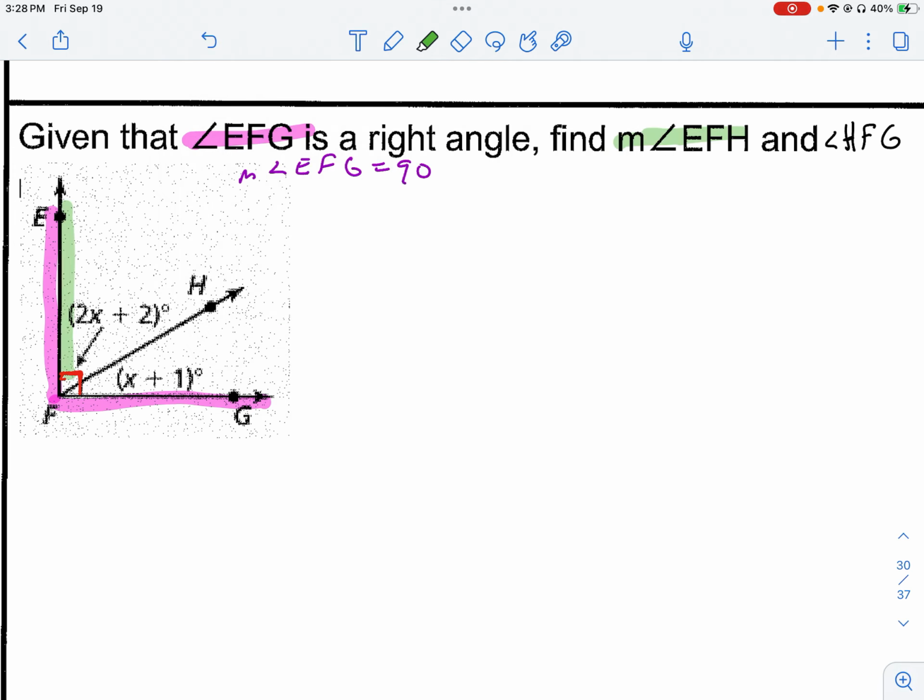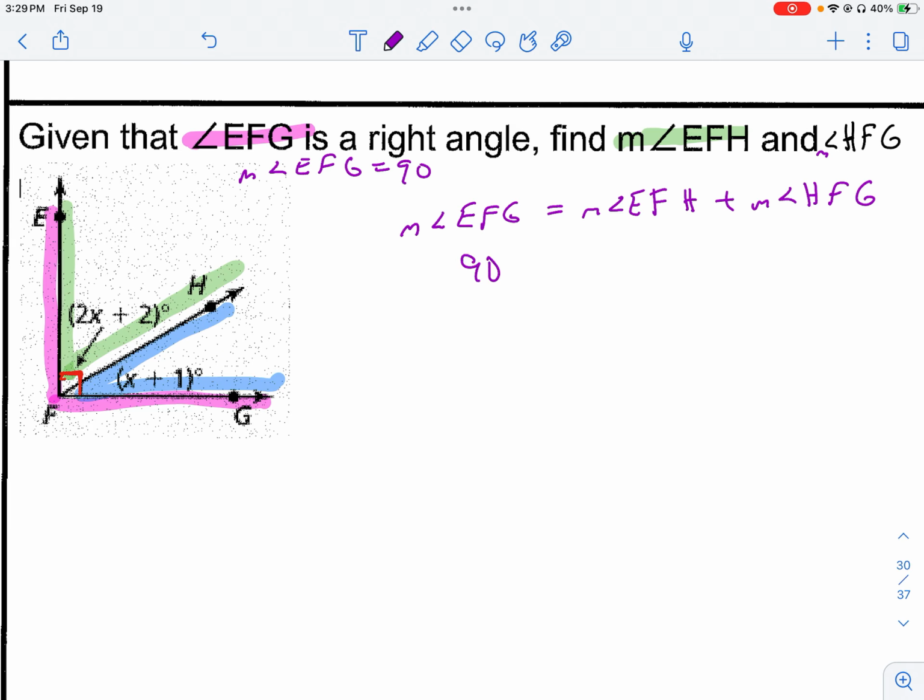EFH is this one right here. HFG is this one right here. So using our handy-dandy angle addition postulate, we know the measure of angle EFG equals the measure of angle EFH plus the measure of angle HFG.